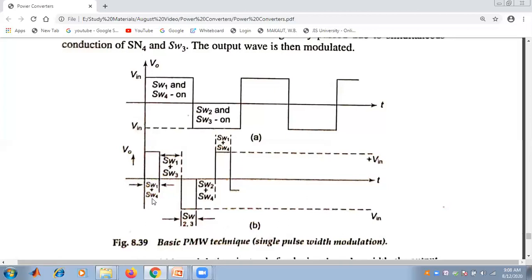Once the switch gets on, how the width of the pulse is changed, we will see with the help of these two figures.